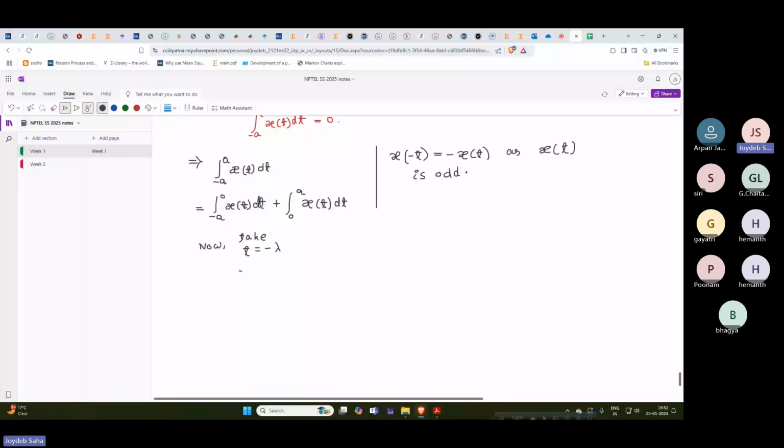So dt is equal to minus d lambda. Okay, is it fine till now?